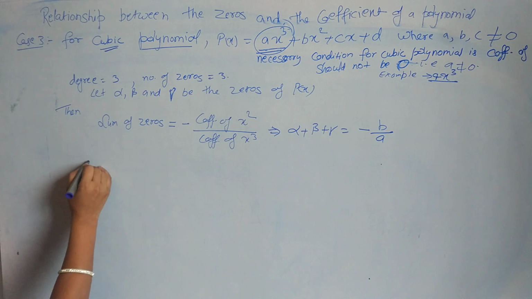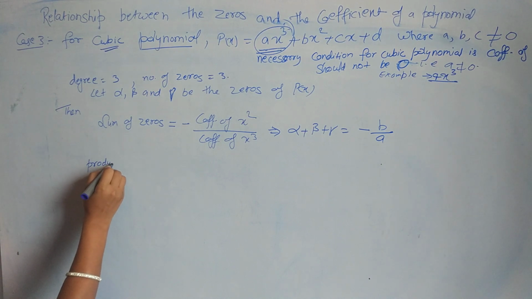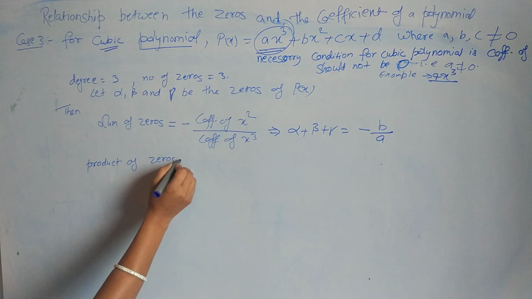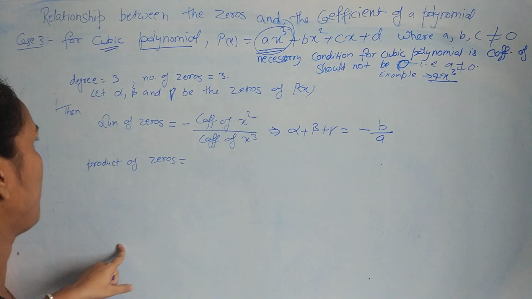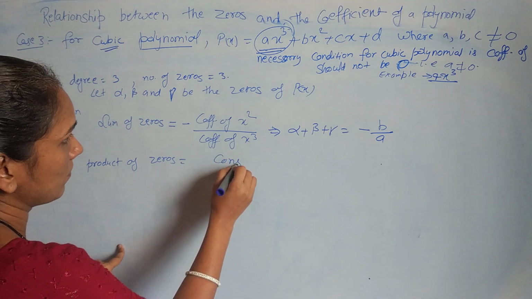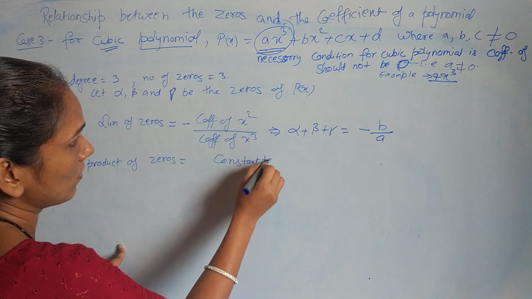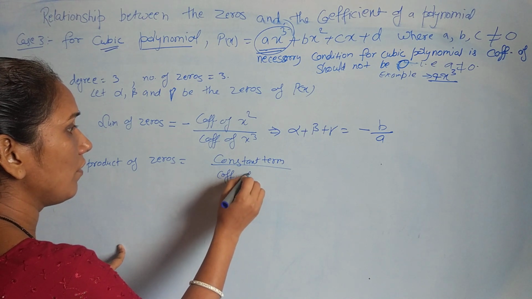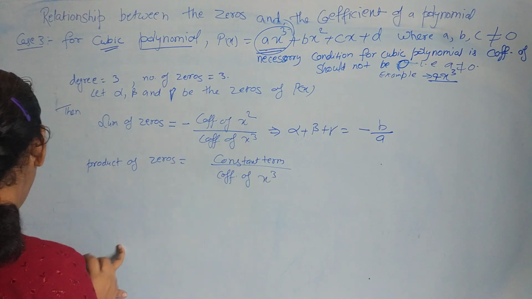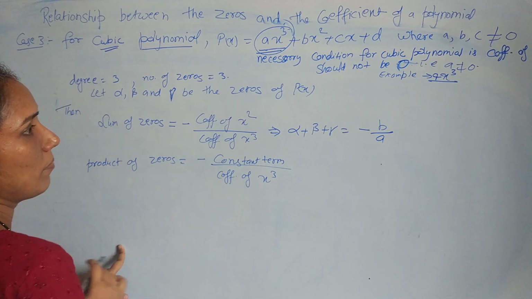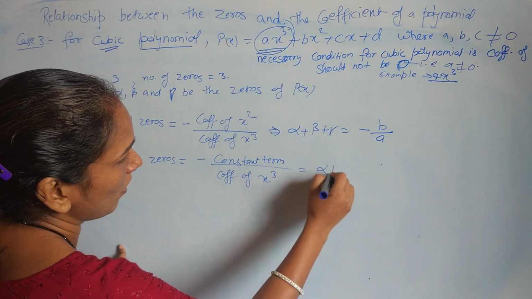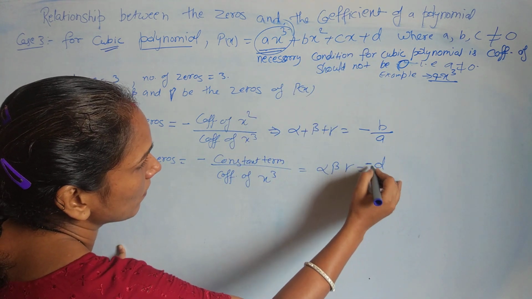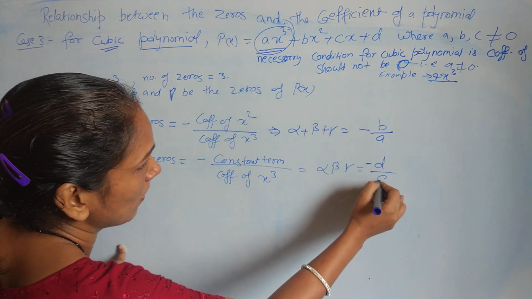Product of zeros is nothing but constant term divided by coefficient of x cube. Here also a minus sign is introduced. So alpha beta gamma equals minus d by a.